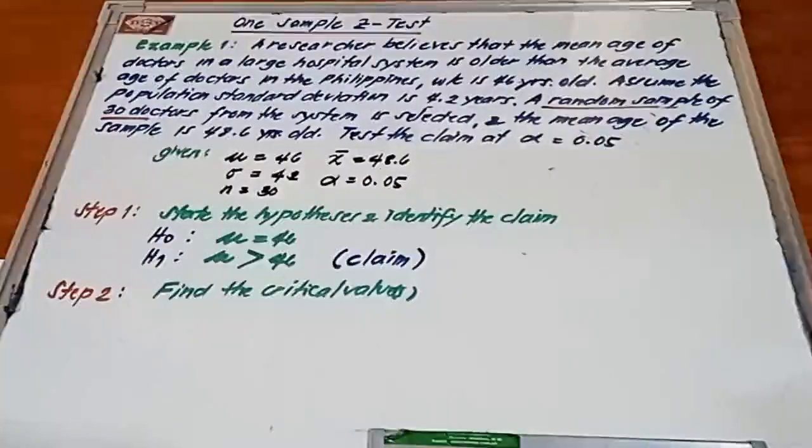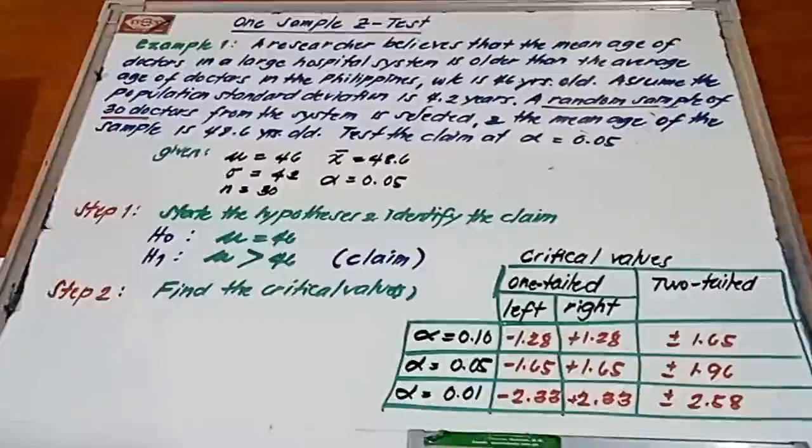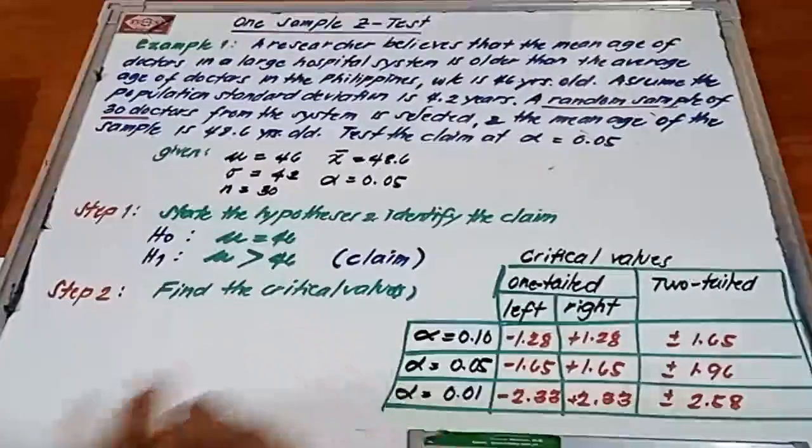For the critical values, nabanggit ko sa inyo last week, yung mga critical values natin at 0.05, 0.01, and 0.10 alpha values. Isulat ko na lang dito. Okay? So, ito yung ating mga critical values natin for values of alpha of 0.10, 0.05, and 0.01 for one-tailed and two-tailed.